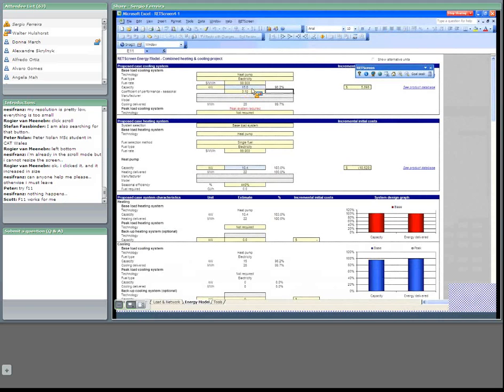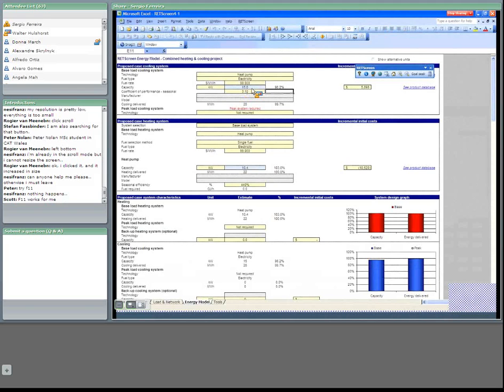So instead of just looking at these percentages here, you can see that your peak load will not be answered by the capacity that you're adopting for your heat pump. So let's bring this back to 11, for example. We will not have that problem, and this one to 16, where we'll not have that problem. So we'll have our capacity a little bit over the needs for our load.